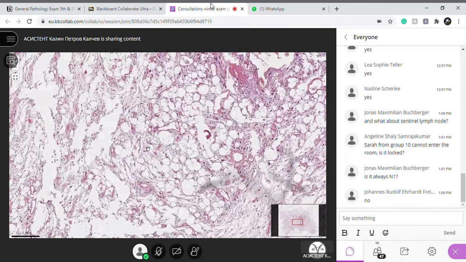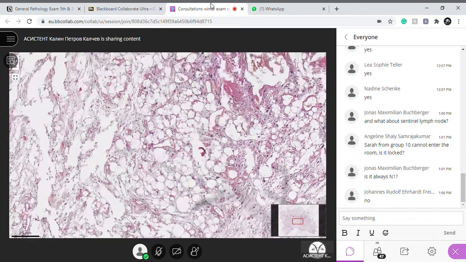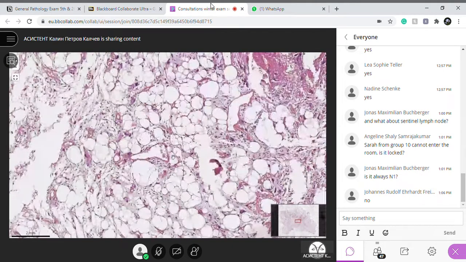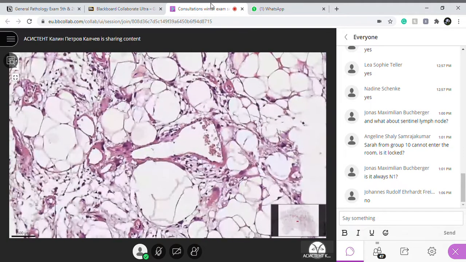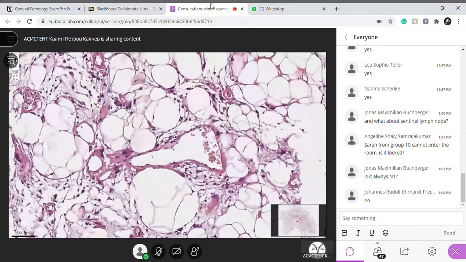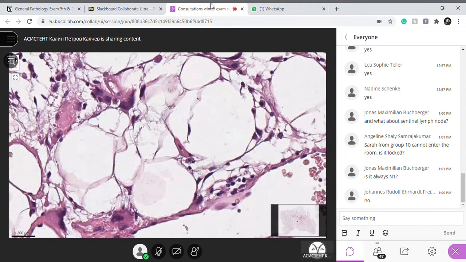But some of those adipocytes are not mature. We define them as adipoblasts. And you can see in some of them some nuclear and cellular atypia. Actually, you can see those cells here. They look quite ugly. They do not look like the normal adipocytes.